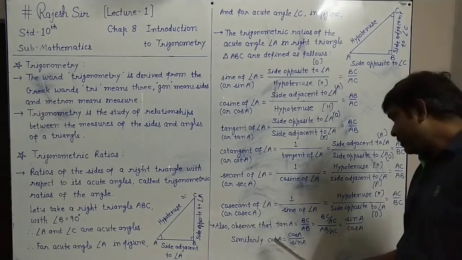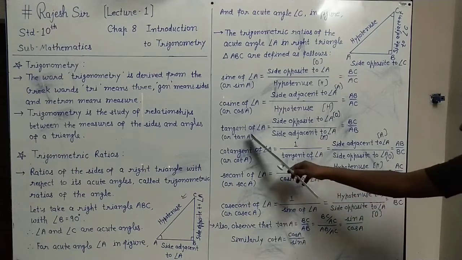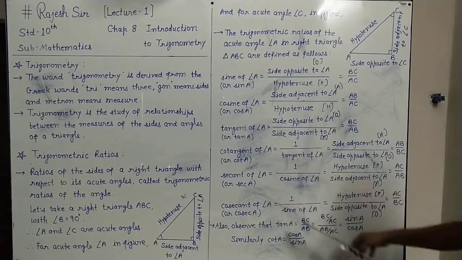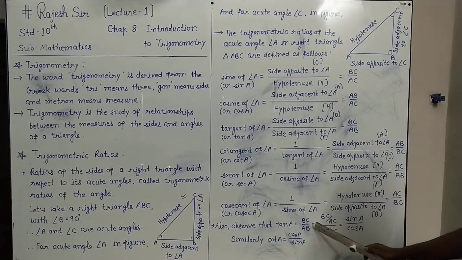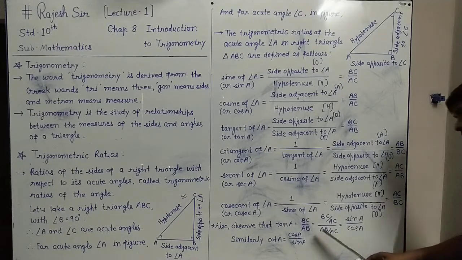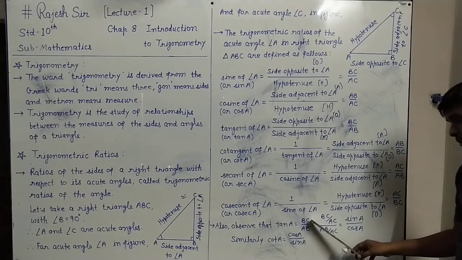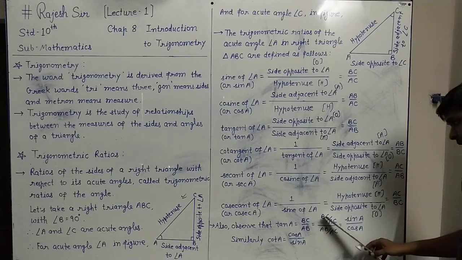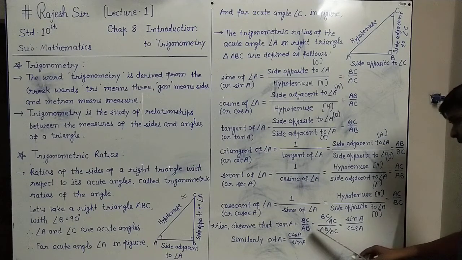Also we can observe here that tan A, that is tangent of angle A, equals BC upon AB. BC upon AB can also be written by dividing both up and down by AC. So BC upon AC upon AB upon AC.